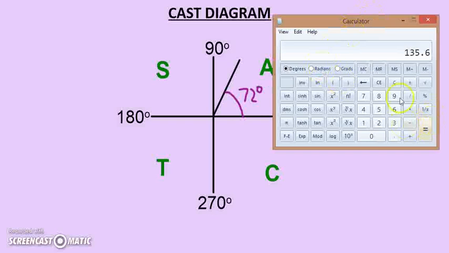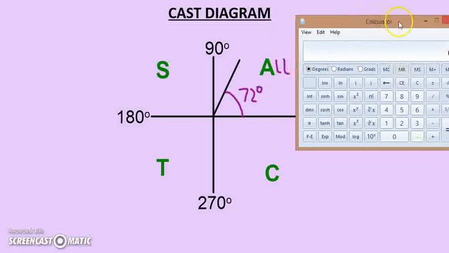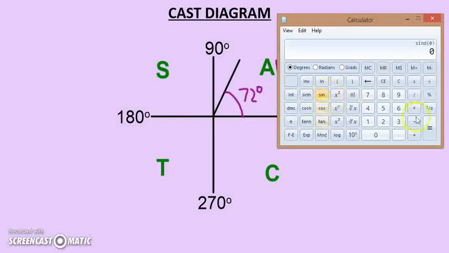Okay, so make sure we're in degrees mode, and we'll just have a go at that. Sine of 72 gives me 0.95, so that's definitely positive.